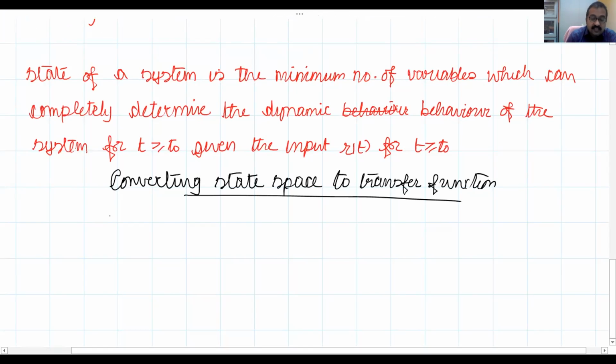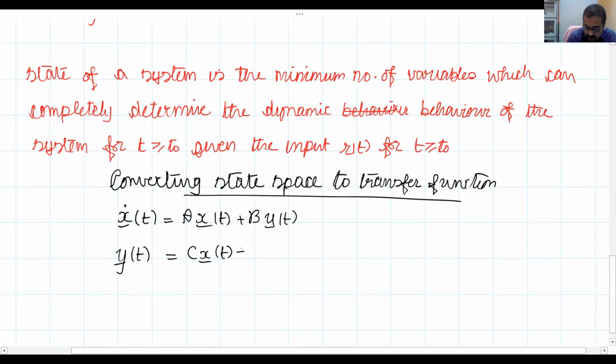So what's the state space representation? x dot of t equals Ax plus Bu, and y equals Cx plus Du. This is 1, this is 2.